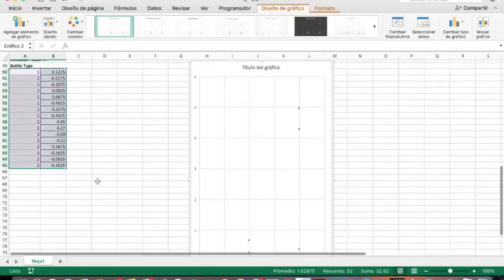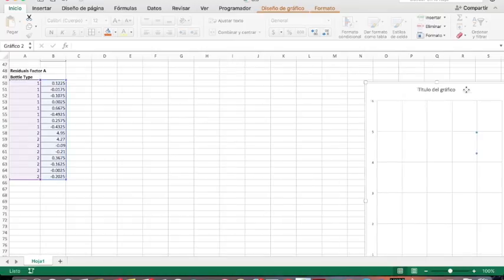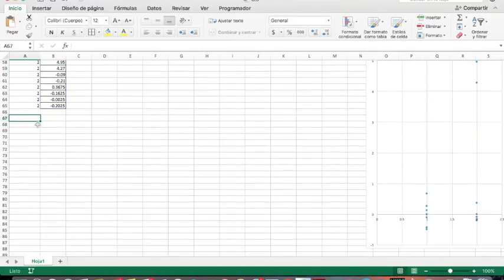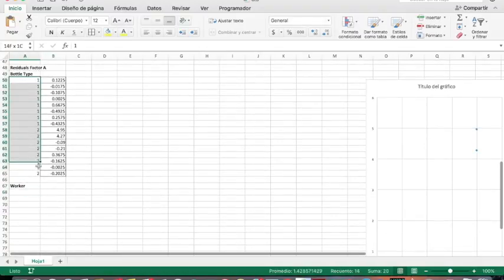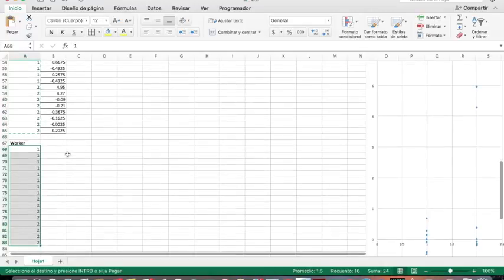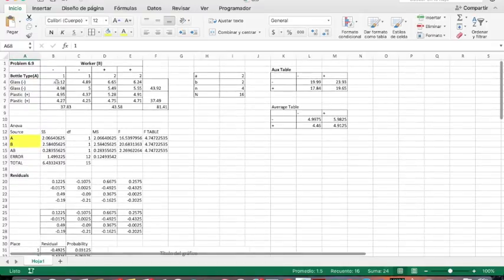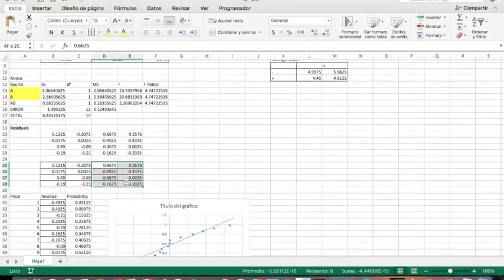So we're gonna do the same, let's make this aside. We're gonna do the same for factor B, which is worker, worker 1 and worker 2. Since this is all worker 1, these are the residuals for worker 1, and these are the residuals for worker 2.